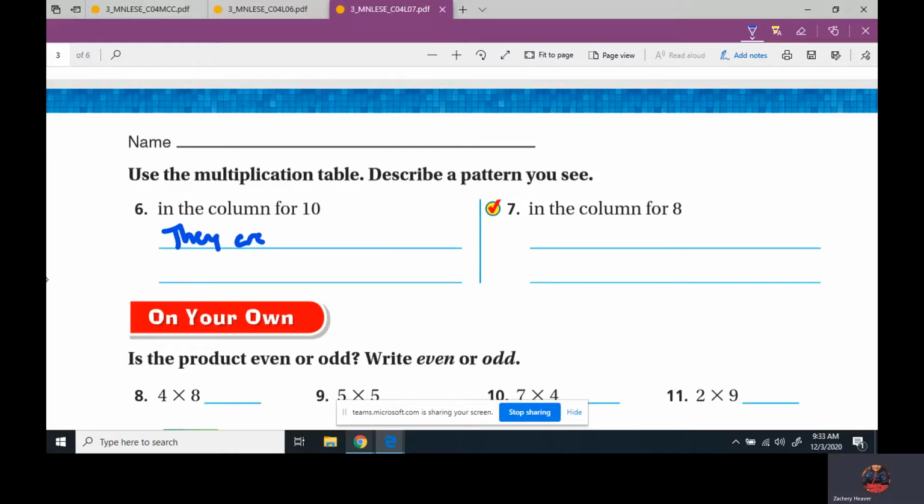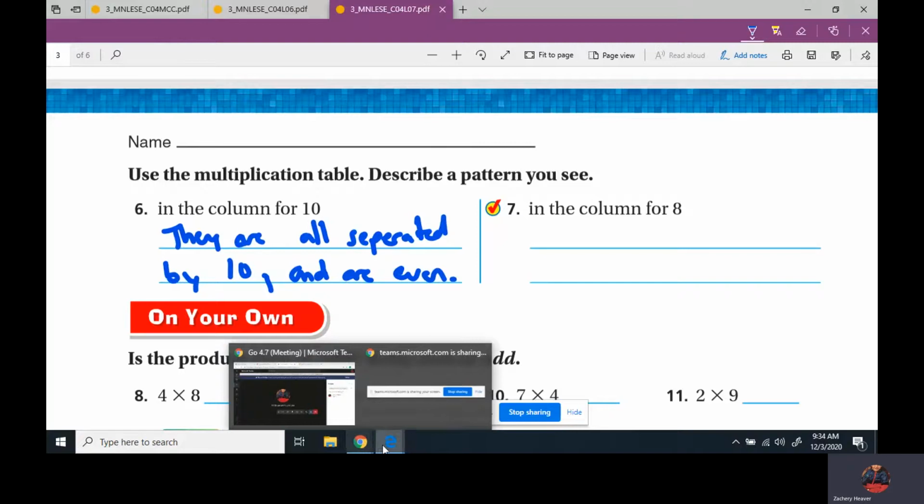And they are even. Because all these numbers are even. Besides, I mean, 0. But 10, 20, 30, 40, they're all even.